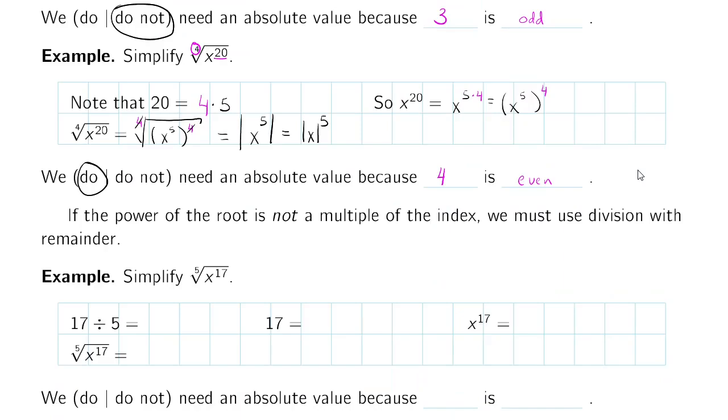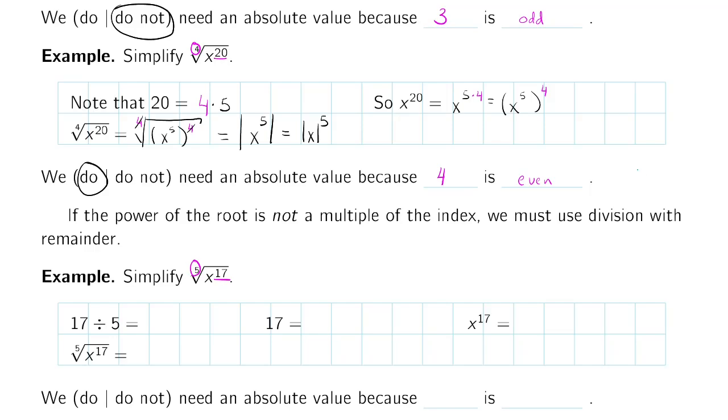In this next example, we have the 5th root of x to the 17th. And we do want to see how many times 5 goes into 17. So we can do division. We can throw that into our calculator.